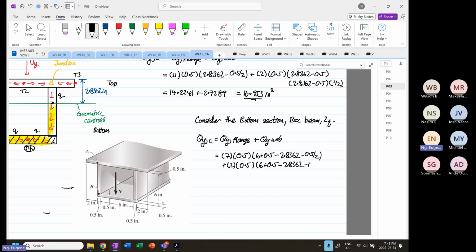Then you must take off the 0.5 which belongs to the flange, and then you multiply by the same number and halve it because that is your y bar. So this will be equal to 6 plus 0.5 minus 2.8362 minus 0.5, divided by 2, times 0.5, times 7.